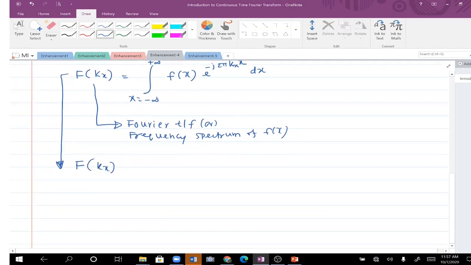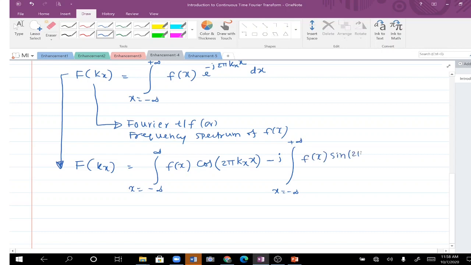F(kx) is equal to, the real part would be the integral over x from minus infinity to plus infinity of f(x) cos(2π kx x), that's your real part, and the imaginary part will have minus j times the integral over x from minus infinity to plus infinity of f(x) sin(2π kx x). Of course you are integrating with respect to x, I should have kept dx here as well.